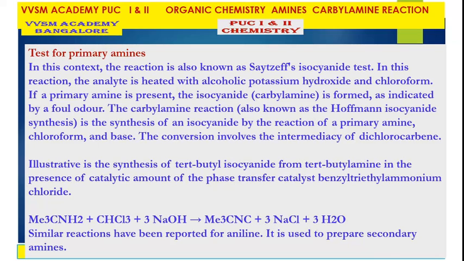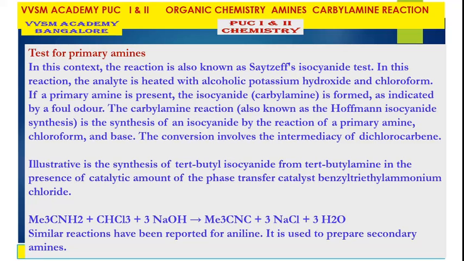If a primary amine is present, the isocyanide, carbylamine, is formed, as indicated by the foul odor. Carbylamine has a highly identifiable, intolerable, unique odor. So it is indicated by a foul odor.